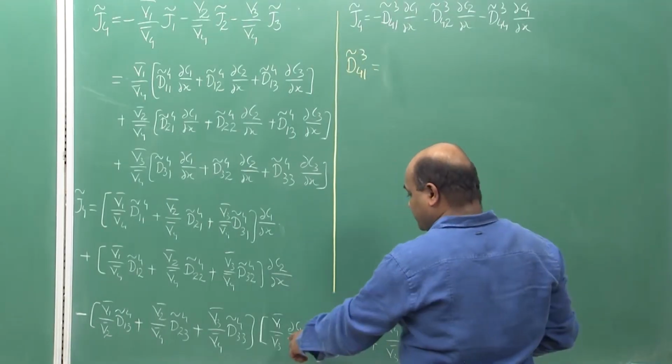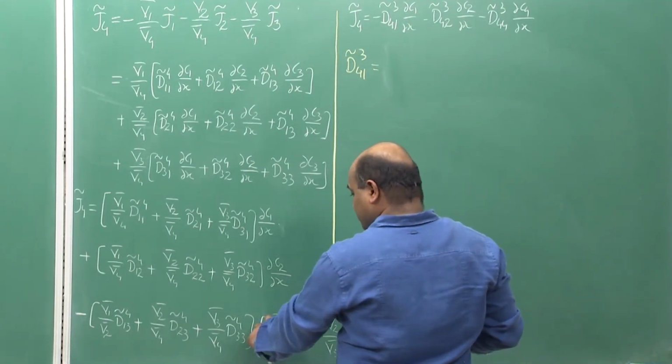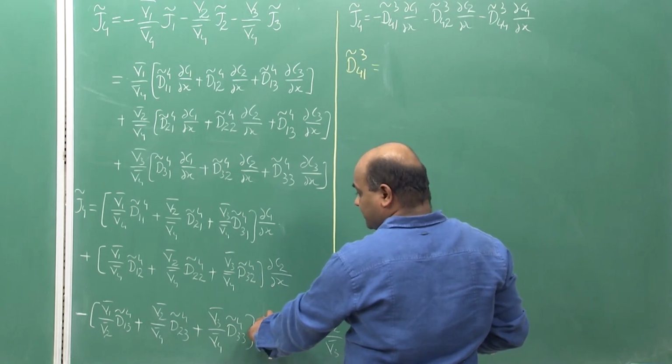if we take ∂C1/∂x common, this is multiplied by V1 bar by V3 bar.